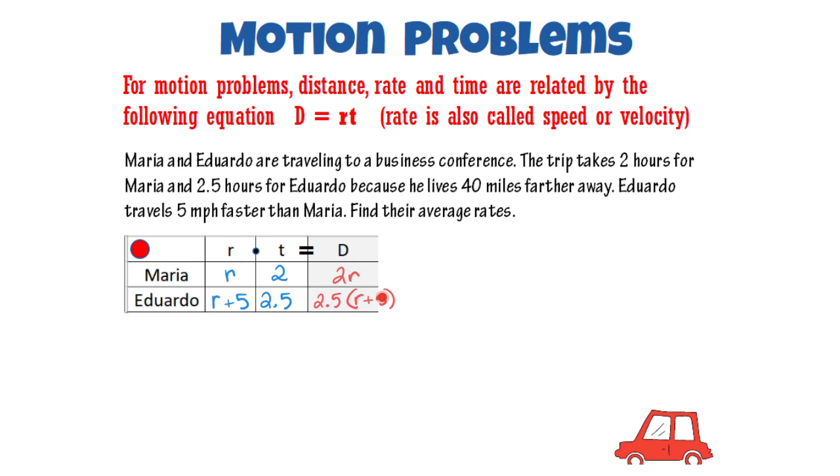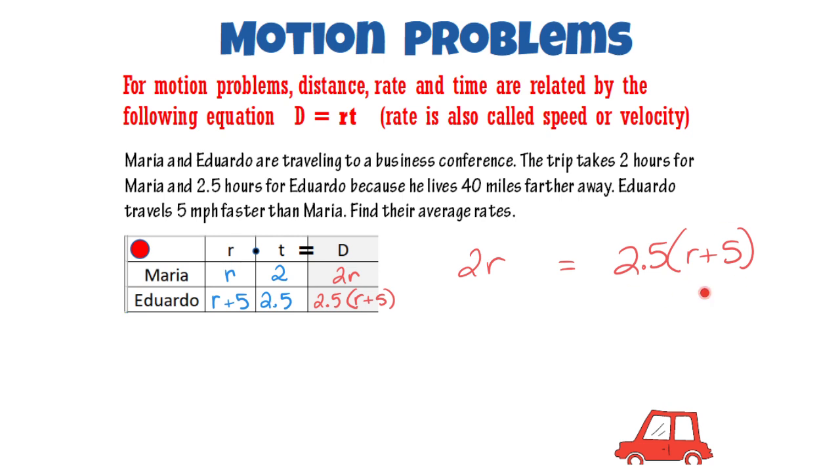But in this scenario, the distances are not the same. Eduardo had to drive 40 miles farther than Maria did. So when I was saying like, oh, well, then you would set them equal, that is not actually the case. These are not equal scenarios.